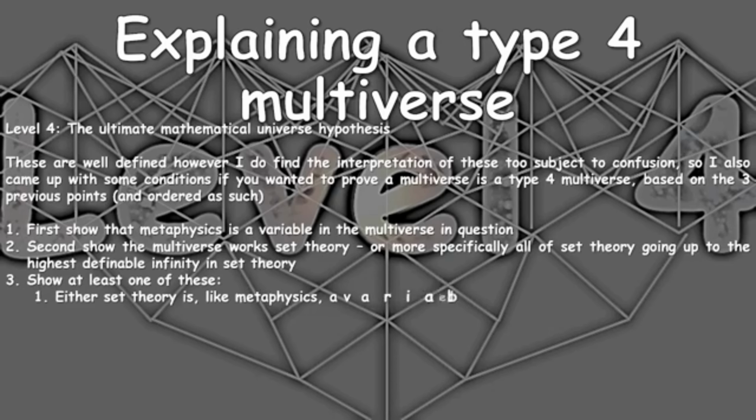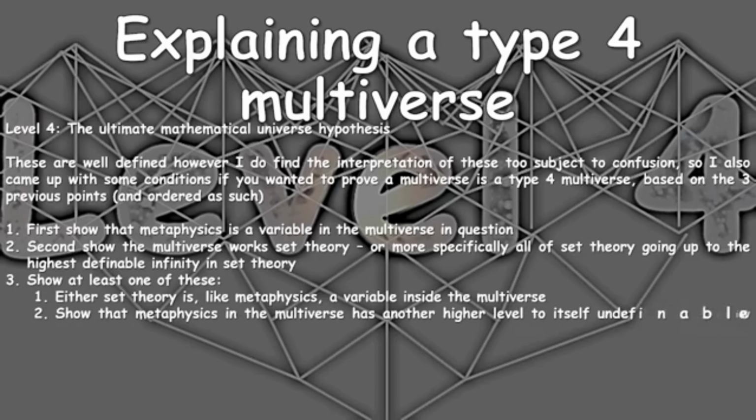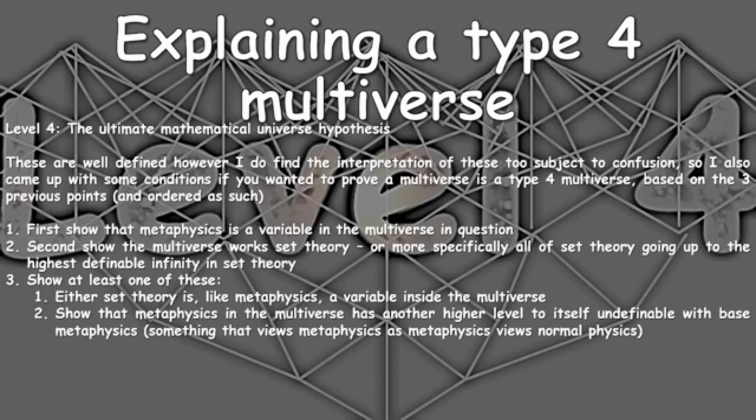You can either show that set theory, like metaphysics, is a variable inside the multiverse, or you can show that metaphysics in the multiverse has another higher level to itself, much like how metaphysics is to physics. You need another metaphysics higher than that, like the metaphysics of metaphysics, that type of thing. Both of these are to create another higher axiom based on the first two that can be iterated several times.